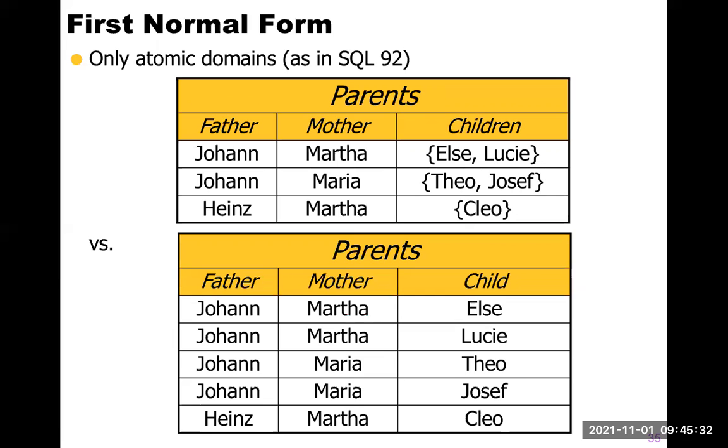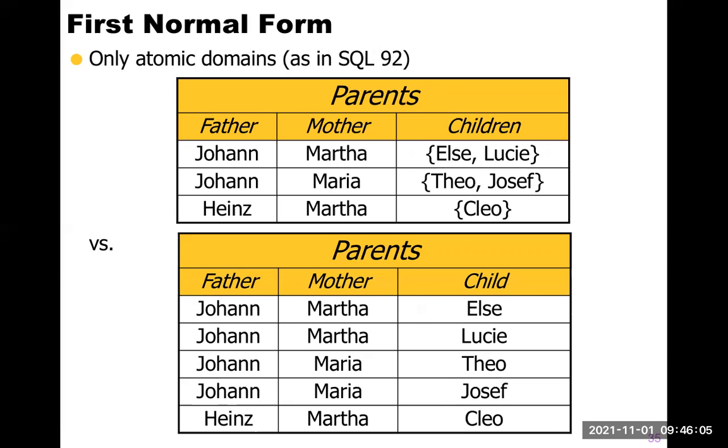This child and that child and that child, maybe one child for some pairs, and two children, and maybe 5 children, and so on. Instead, first normal form dictates that we need to have a column with atomic values, thinking that child is an atomic value, and then repeat keys and essentially make a child a key in this relation.